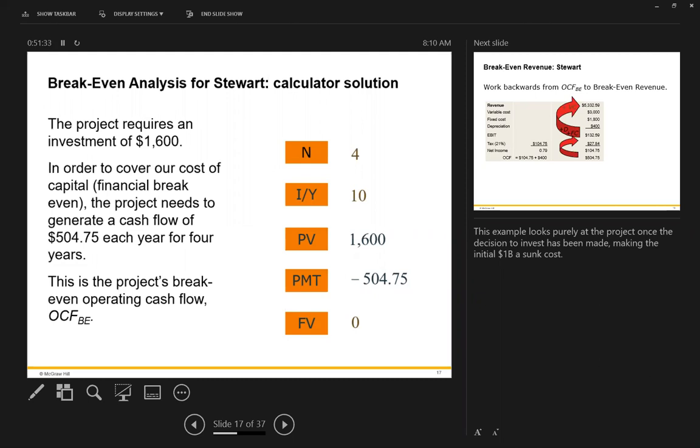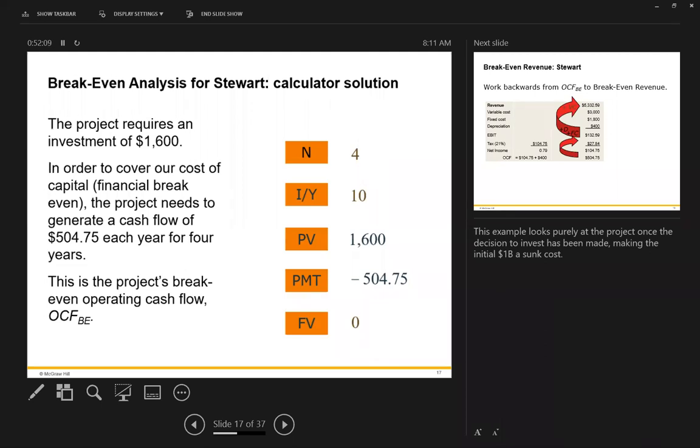So what is our after-tax costs regardless of output? So that's what we calculate next. Our after-tax costs in order to break even. What must our costs remain at? And we find that by taking that annual cash flow, that PMT, that causes our net present value to be 0, plus those fixed costs net of depreciation.